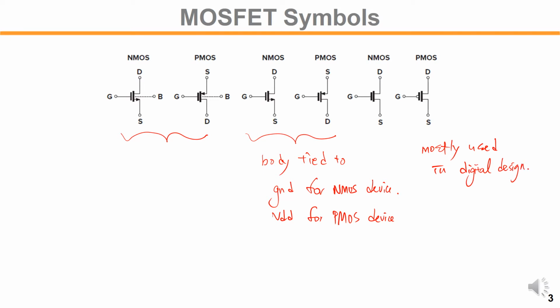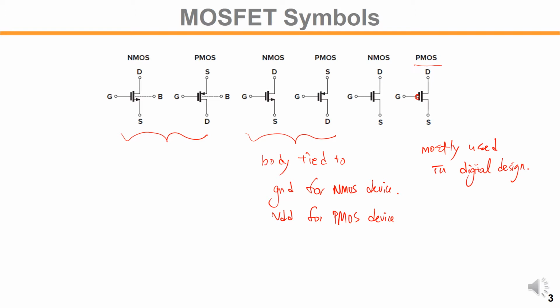So here with the bubble on the gate, that represents the PMOS device. Digital designers treat the transistor more like a switch. So the switch on and off condition is represented by this bubble or no bubble situation.